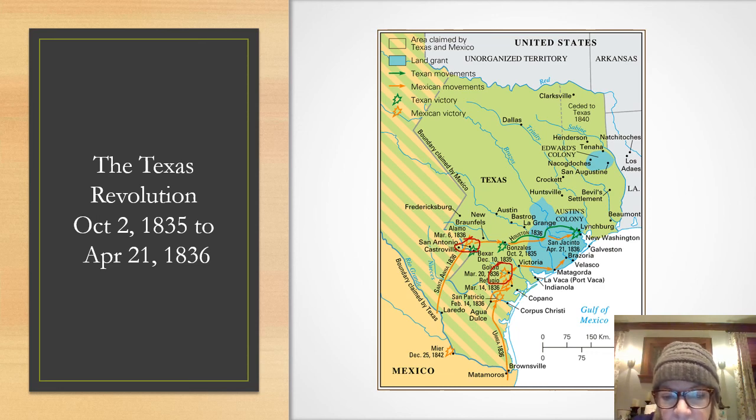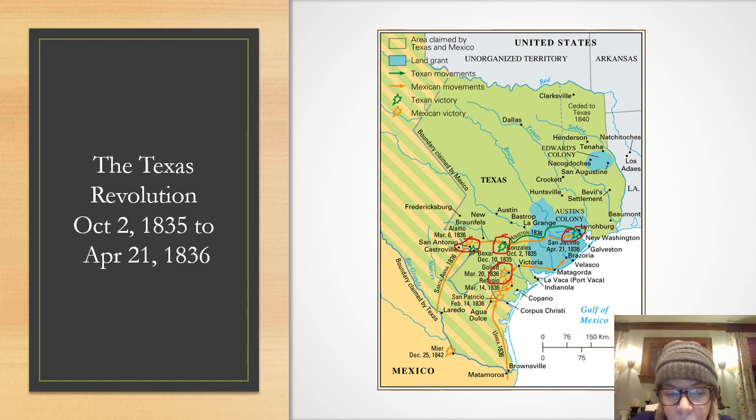Then Americans get some victories under Houston. Houston defeats the Mexican army here, and then he follows them up here to what is present-day Houston, San Jacinto, and this is where they surround Santa Anna. They lay siege to him and say, agree to peace or else, and so he does. And now we have the independent Texas Republic.